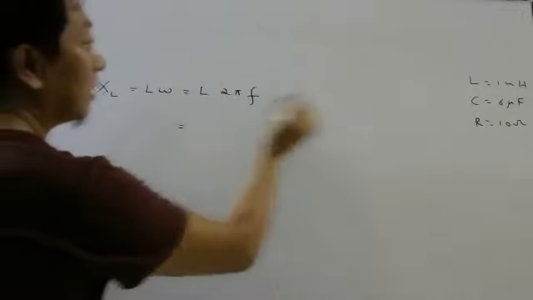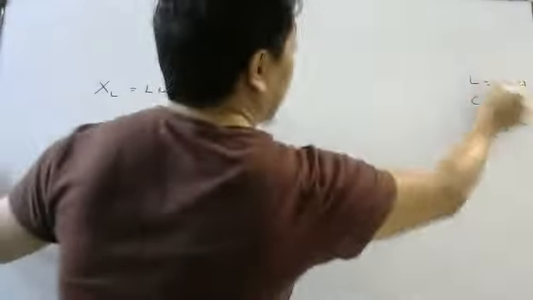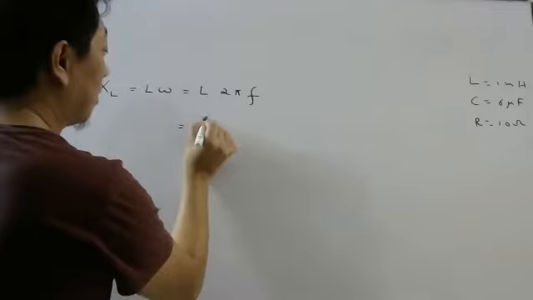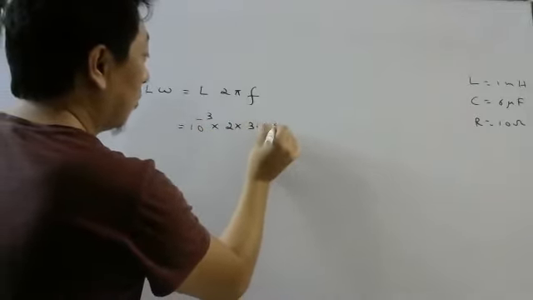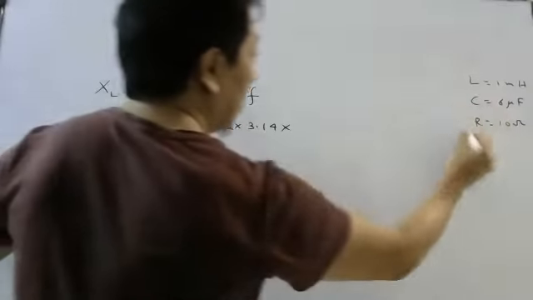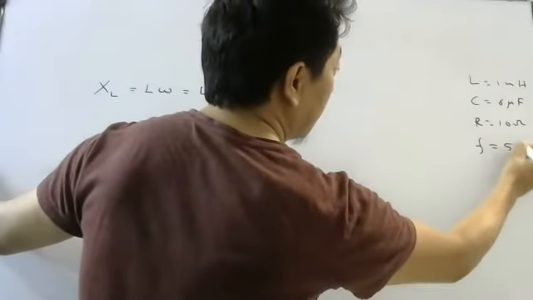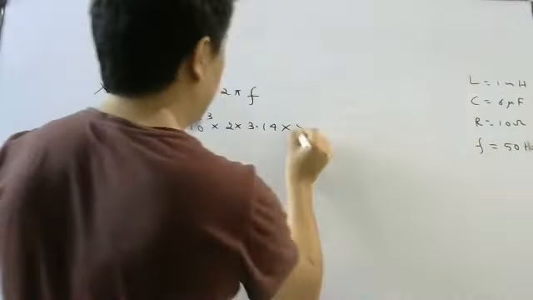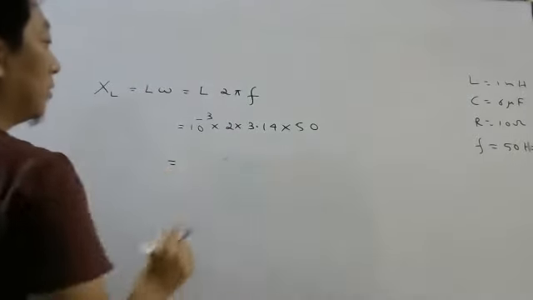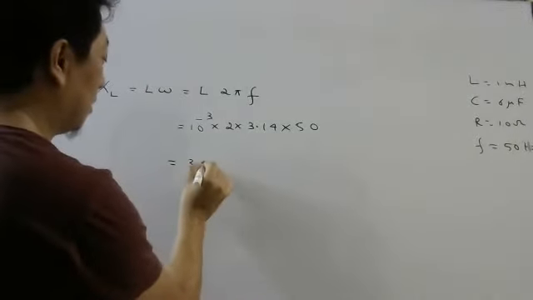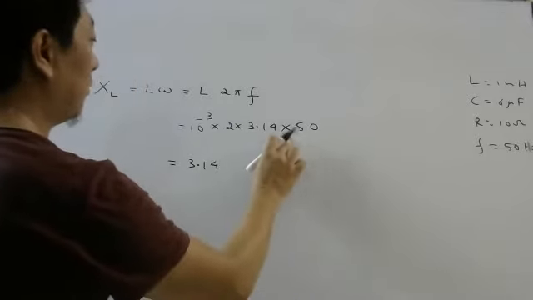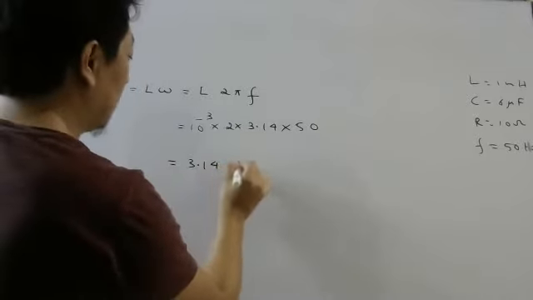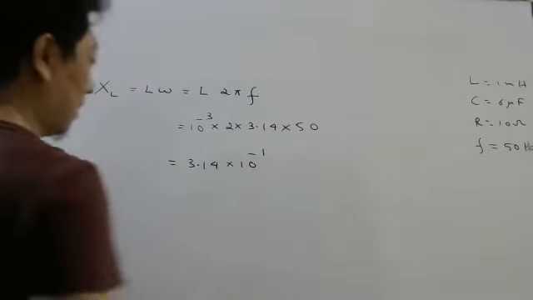Now what is the inductance? 1 millihenry. So milli means 10 power minus 3. 2 into 3.14, and frequency, of course, it was given 50 hertz. So that will be 3.14. 2 into 50 is 100. 100 will have 2 zeros. So this will be 10 power minus 1.